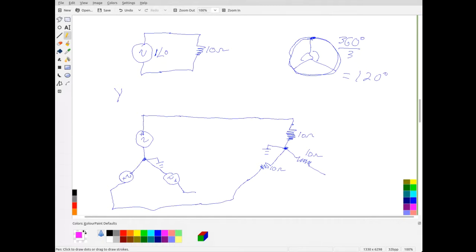I'm going to use a different color here for this, and this is ground here.